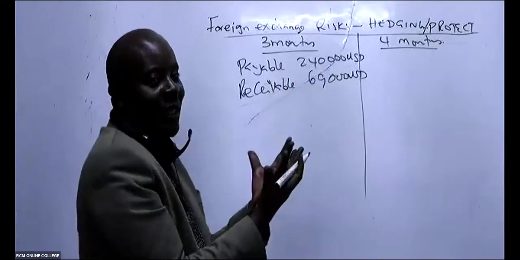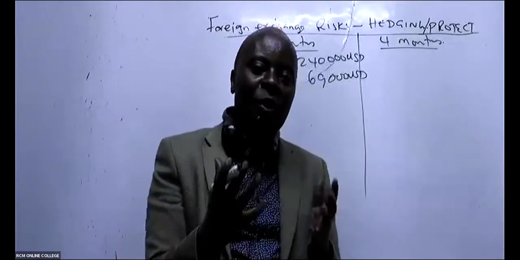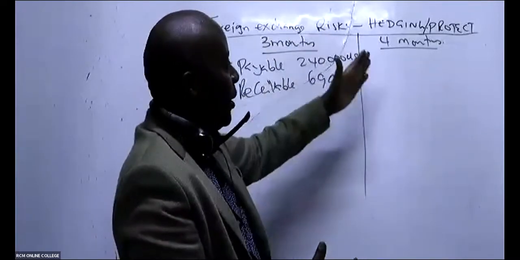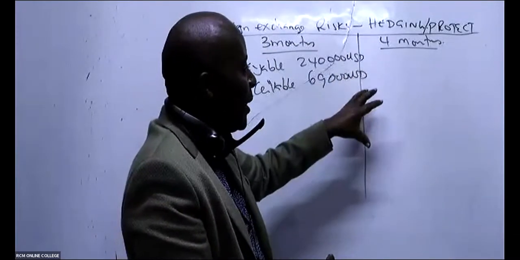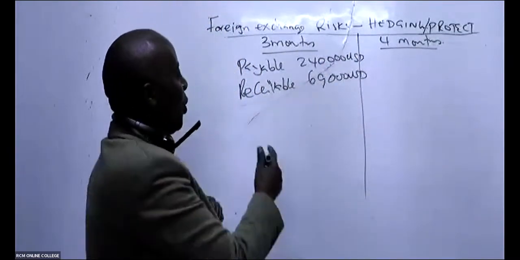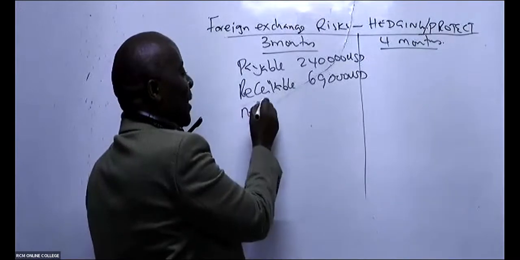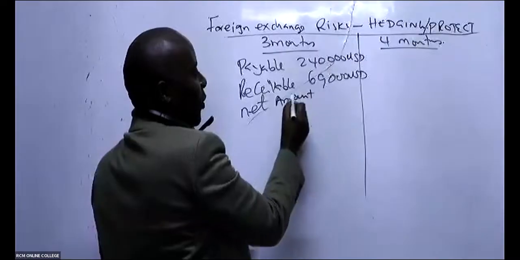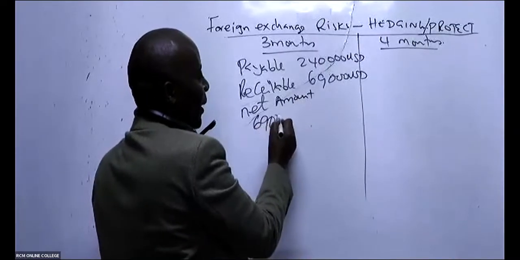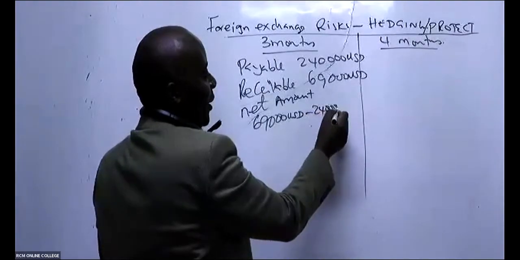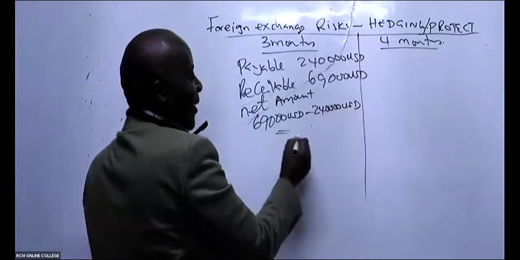I taught you the other day, whenever you have a receivable and a payable in the same currency, receivable in USD, payable in USD, to hedge, you need to net. So please give me the net amount. Receivable is positive, 69,000 USD. Payable is negative, 240,000 USD. What is the difference?